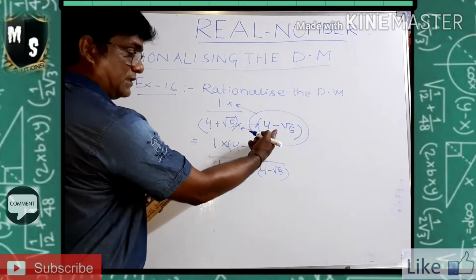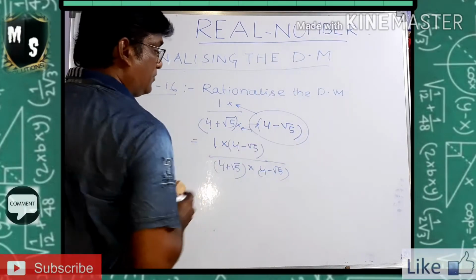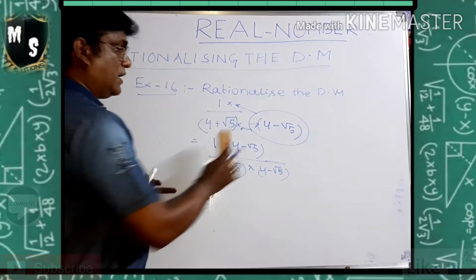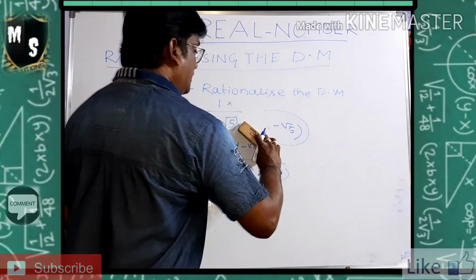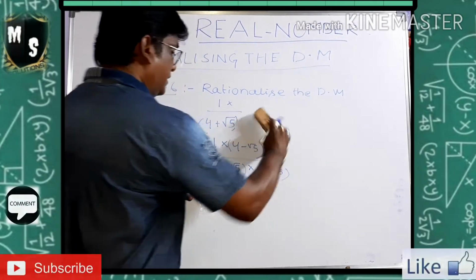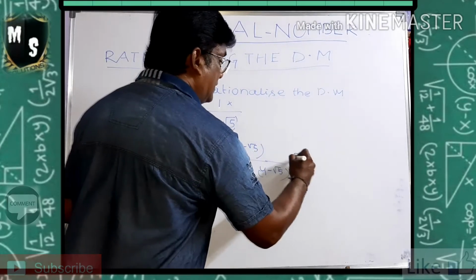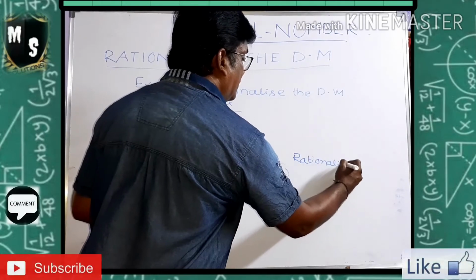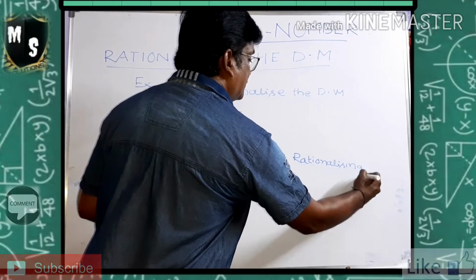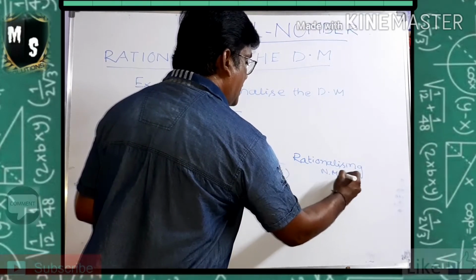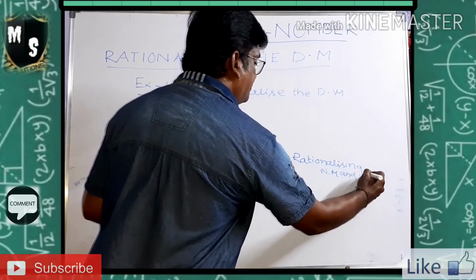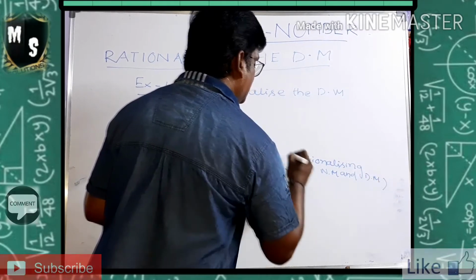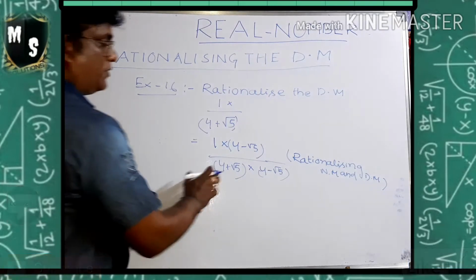Plus, the opposite is minus. So I took 4 minus root 5 to multiply up and down. Understood? I hope you understood. Now you write here, rationalizing NM and DM. Clear?